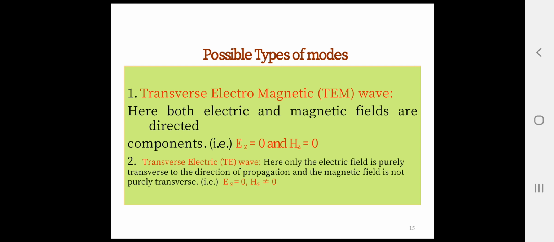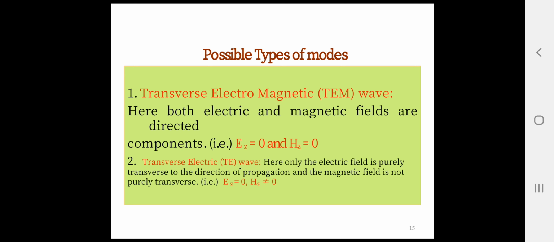For the transverse electric mode, only the electric field is purely transverse to the direction of propagation, and the magnetic field is not purely transverse. Taking the direction of wave propagation as the z direction, Hz is present, because here only the electric field is transverse and the magnetic field is not.